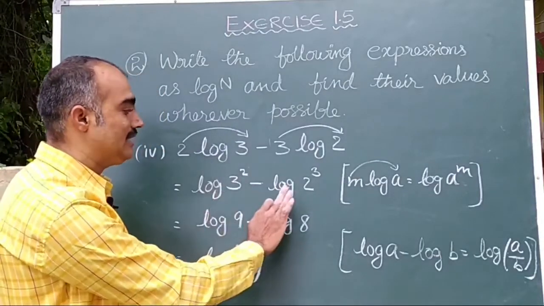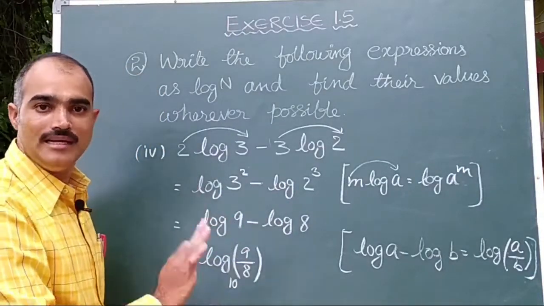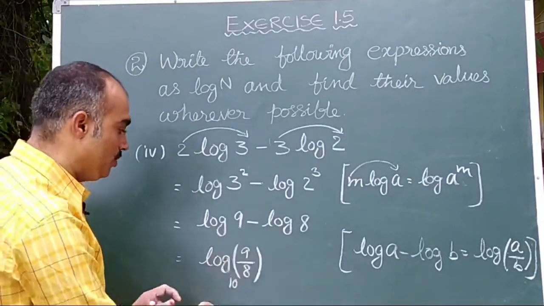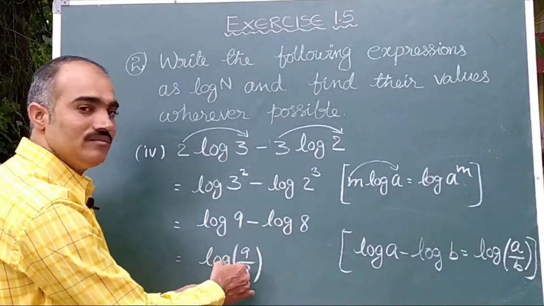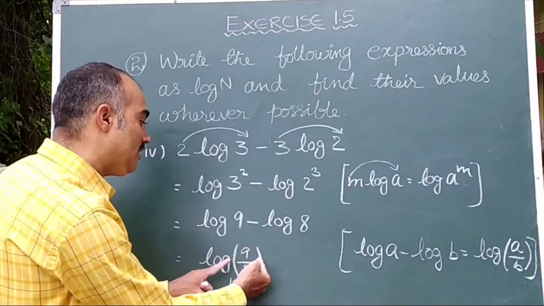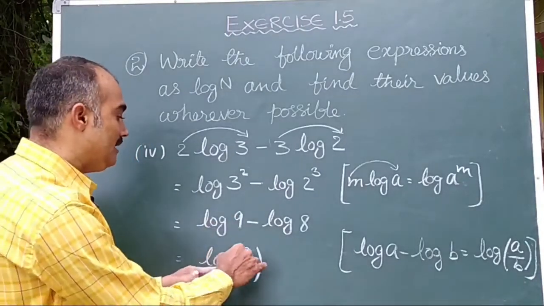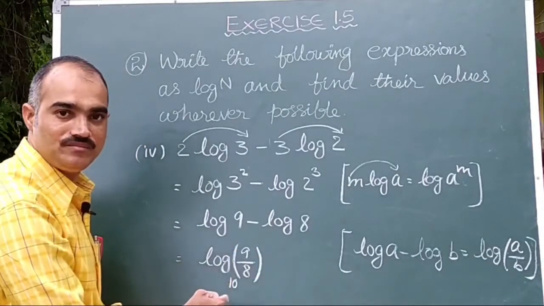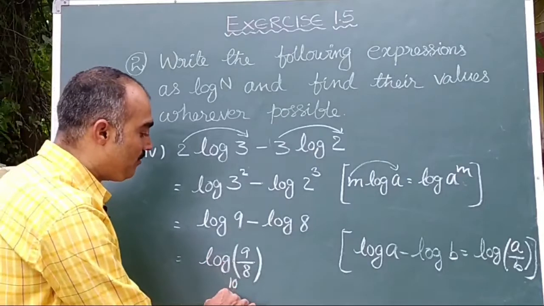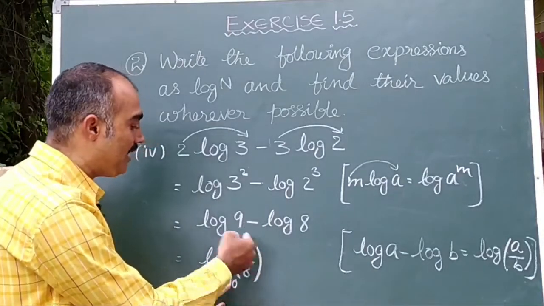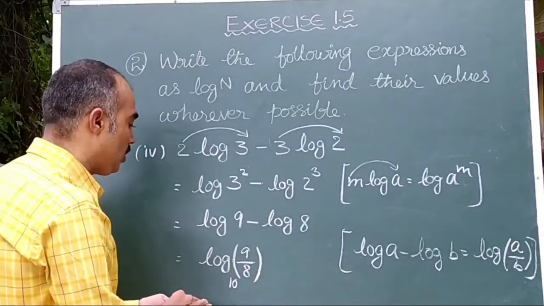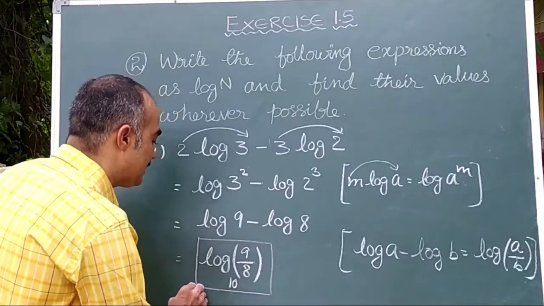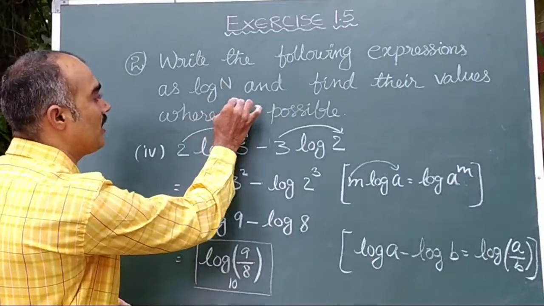Here these two values are not equal, and 10 cannot be written as a power of 9 by 8. Same way 9 by 8 also cannot be expressed as a power of 10. I repeat, 10 power nothing is 9 by 8, 9 by 8 power nothing is 10. So this problem cannot be solved further. This is the answer, because we are able to solve up to log n only.